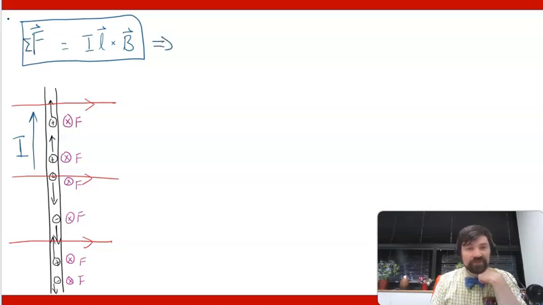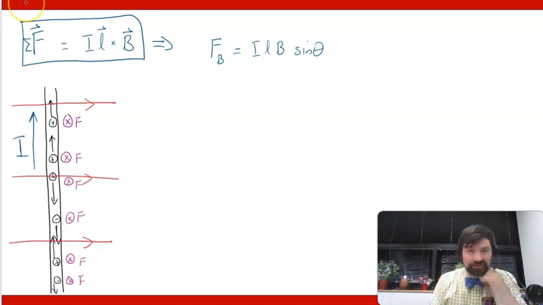This we usually rewrite as F_B is equal to ILB, and again there's a sine theta term, where theta is the angle between your drift velocity for the positive charges and your B field, although we put the vector sign over the length term in this case.